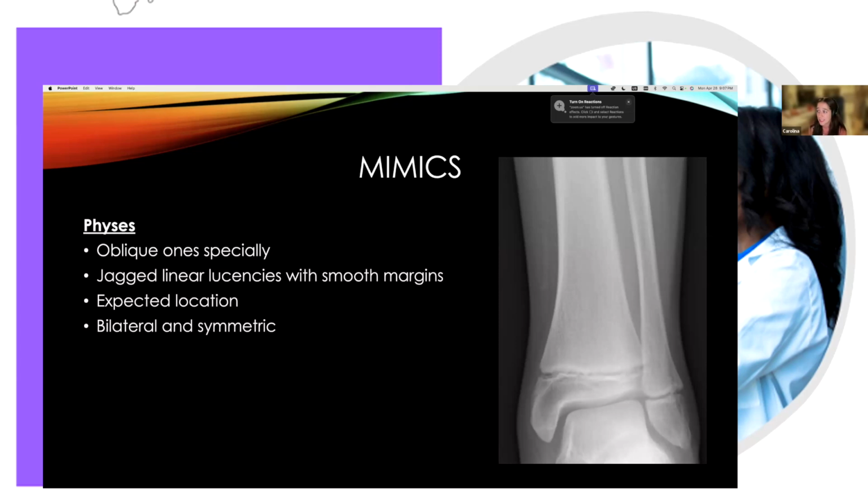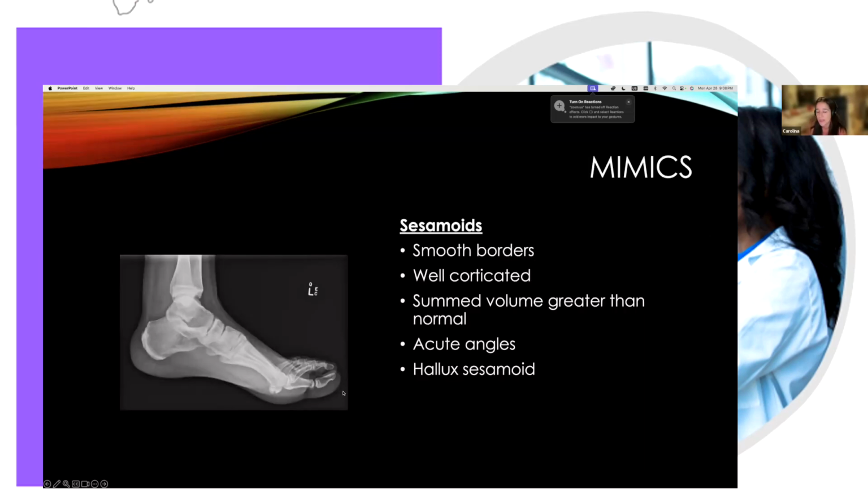You may see jagged linear lucencies, however their margins are still going to be smooth, and they tend to be bilateral and symmetric. As any radiologist will tell you, we definitely use the contralateral side every time because it's our main point of reference, especially when we have limbs. Usually there should be two of them. So definitely bilateral, symmetric, and in the expected location, let's think of physes.